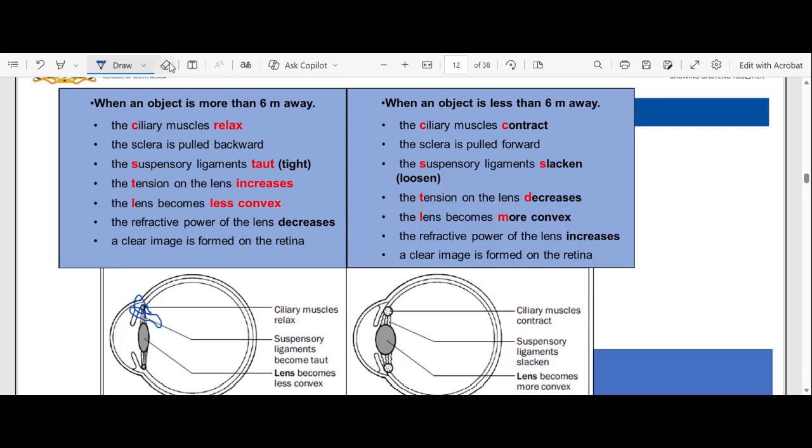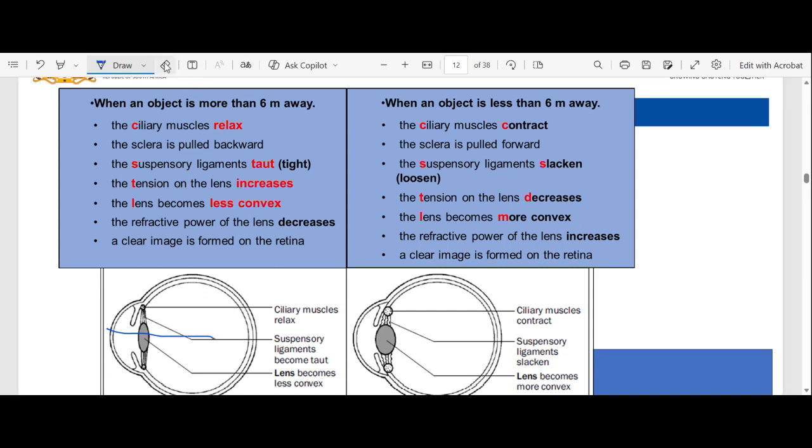These are suspensory ligaments, and your suspensory ligaments in turn hold your lens, right? Your lens. What are they trying to do? They're trying to focus light on your retina.